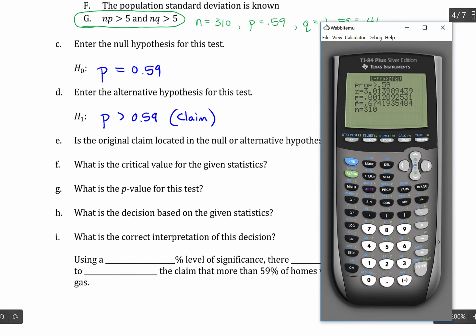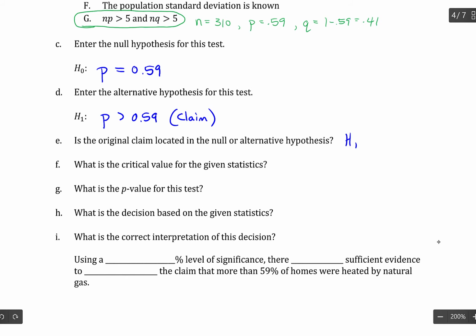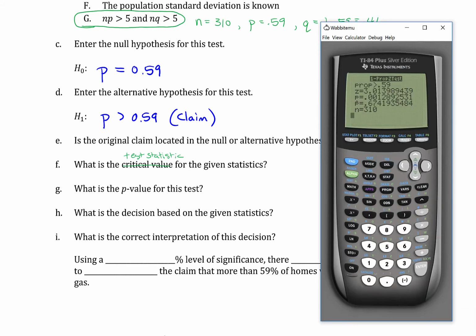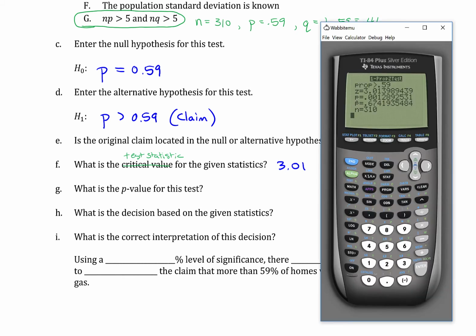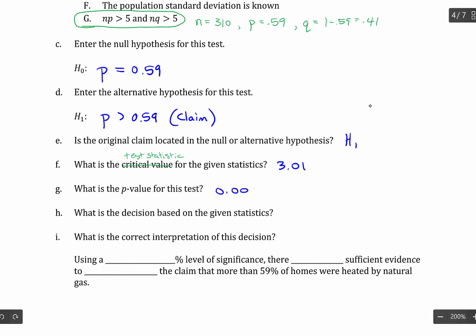So this is actually a better term, we'll say test statistic, rather than a critical value. And that is 3.01 in this case. And the p-value is right below it, so 0.0013.